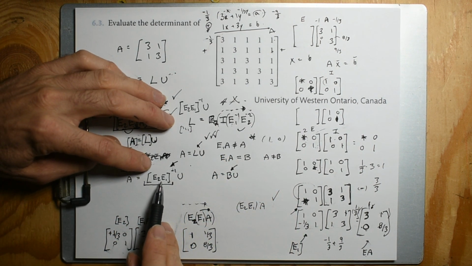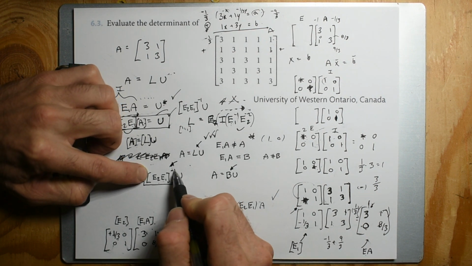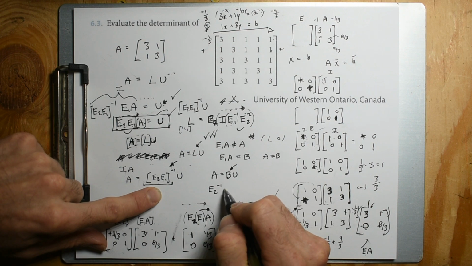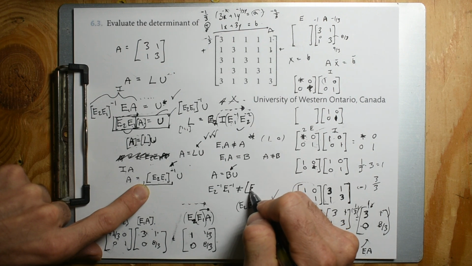But now we have to use a proposition, because you could get into trouble and think, well, maybe this just factors through. But it's not E2 inverse, E1 inverse. That is not what this is.